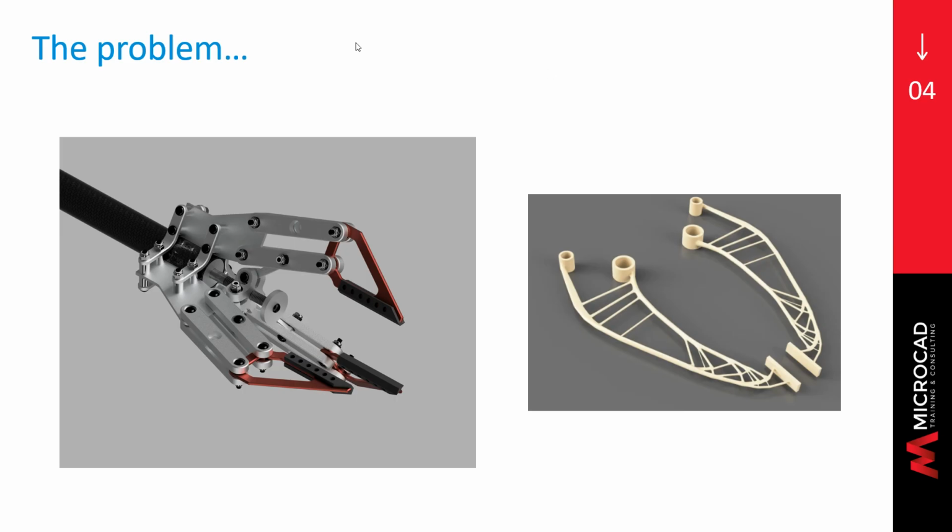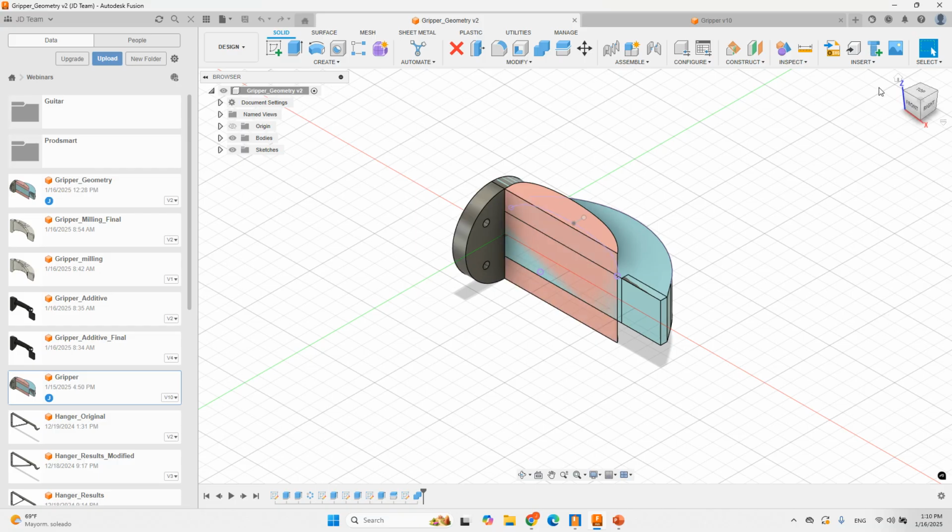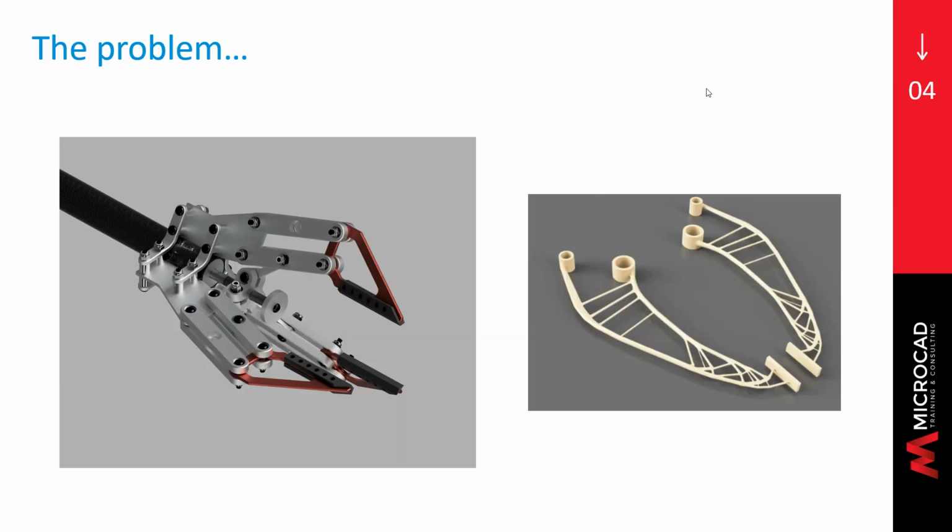So we're going to try to create a solution for an end effector, and this is going to be something out of my own imagination. I'm not taking one of the example files, like a tutorial or anything like that.